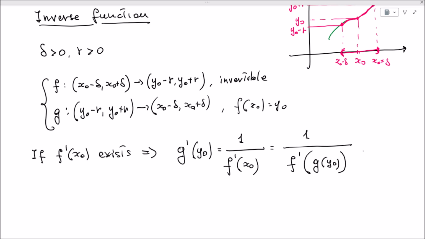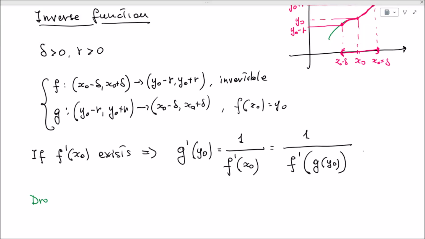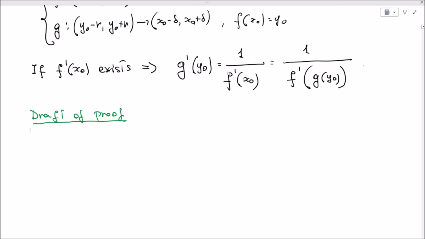Now, what we will give now is a draft of proof. This is just a draft of the proof. The real proof will be given much later in the course, but one way of thinking of this, although not totally correct, is this: if we know that f of g of x, because these functions are one the inverse of the other, is just equal to x.